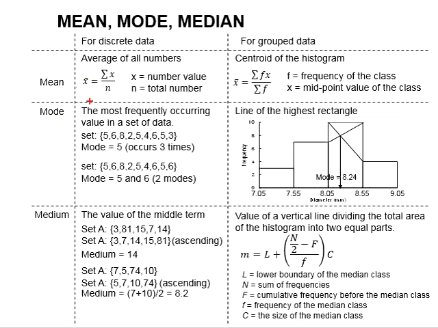The mode refers to the value that occurs most frequently within the set of data. Taking the set of data here as an example, number 5 occurs most frequently, which is 3 times. Therefore, number 5 will be the mode. It is also possible to have more than one mode within the set of data.